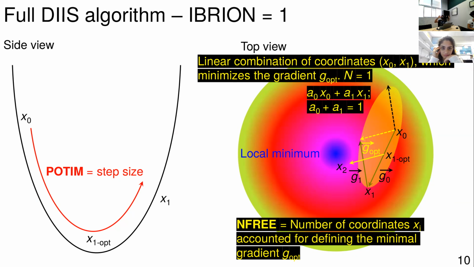So the more n3 you give, the more knowledge you give to the algorithm of different positions, of different space of positions. So the better information you give about where the coordinate is that minimizes the gradient, okay?